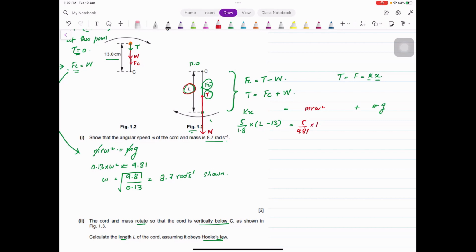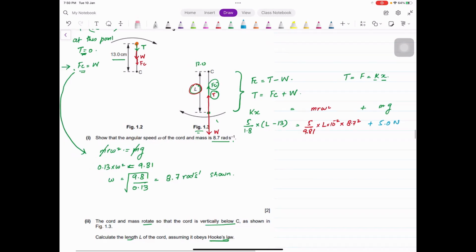So I can multiply by the length, and this length has to be in meters, because 9.81 is in meters. So I have to multiply by 10 raised to minus 2 as well, times omega, 8.7, whole squared. So this is done. And obviously the weight remains the same, which is just 5.0 Newtons.